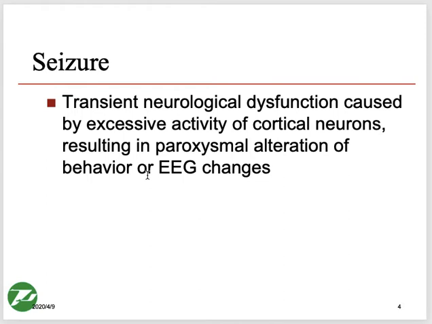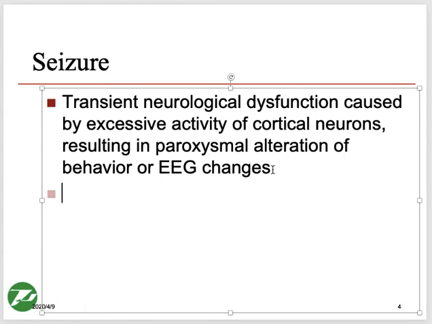It could be absence seizure, in which the person becomes stunned, or it could be gustatory type of seizure. For example, some people, when they experience seizure, have altered sensations of taste or things like this, right? So it is not always jerky movements. Very important thing to understand. So that's why there is alteration in the behavior, or changes in the EEG, which is electroencephalogram.